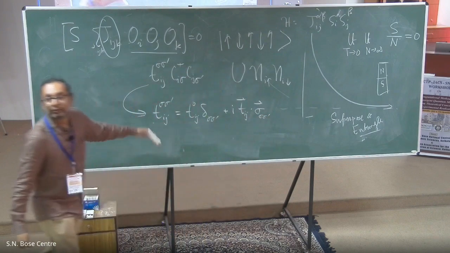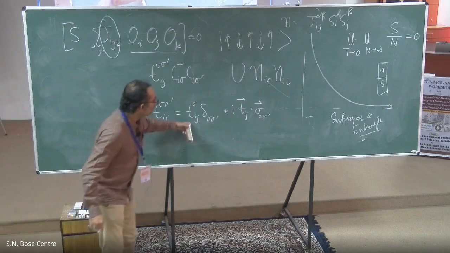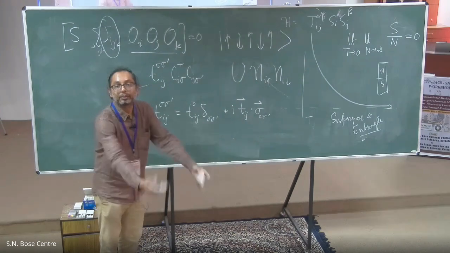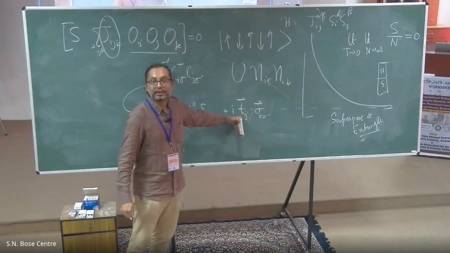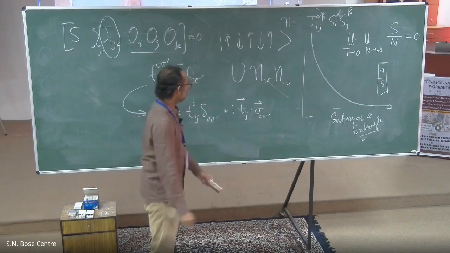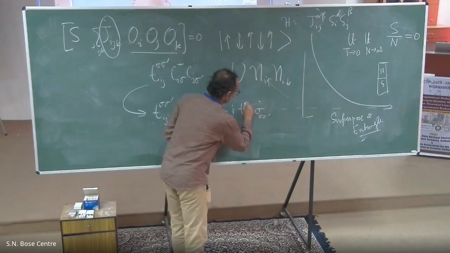I've just written a 2 by 2 matrix. So this denotes spin independent hopping. This denotes spin dependent hopping. So let me write this in a component way.